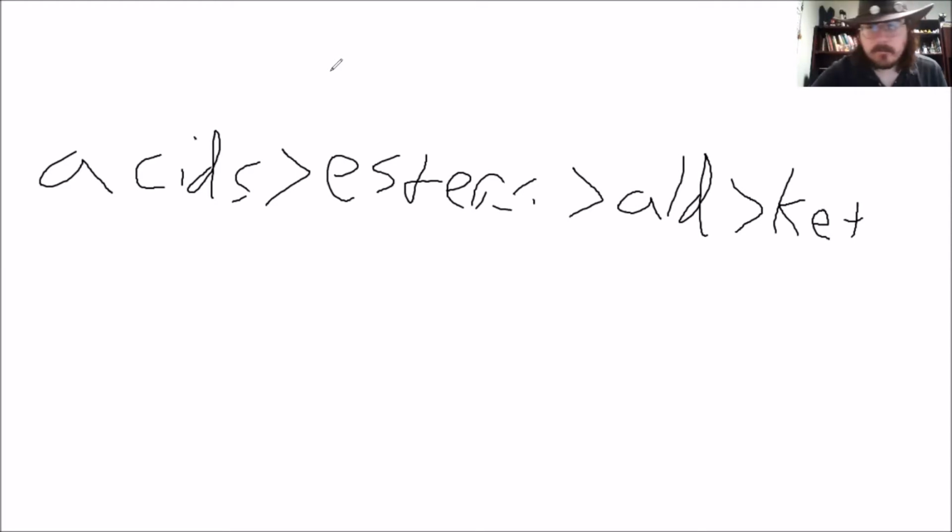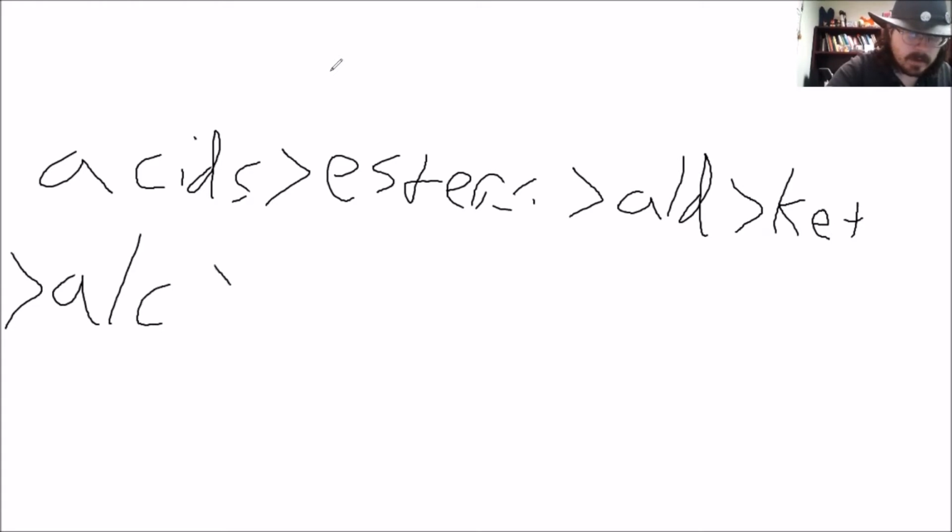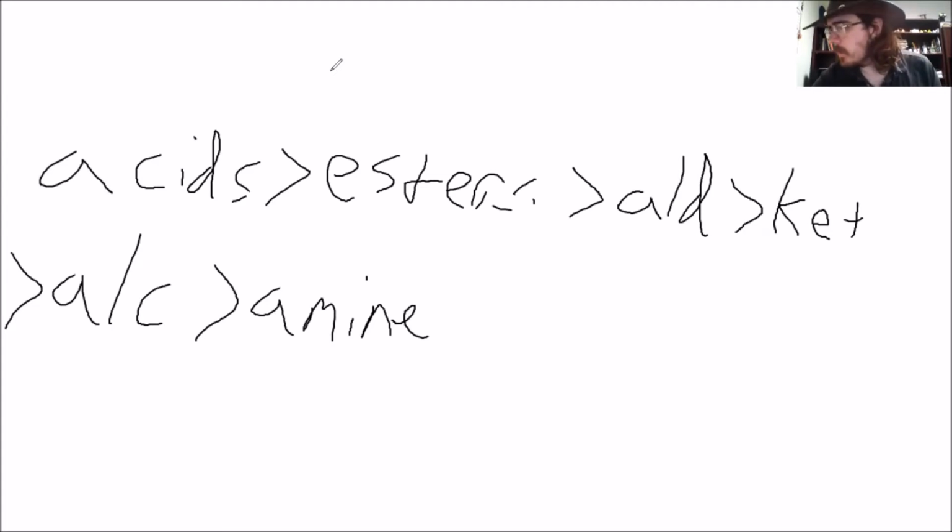Then we have our alcohols and amines. They have specifically 1 carbon-oxygen bond or carbon-nitrogen bond. And then finally, we have our double bonds, double and triple.